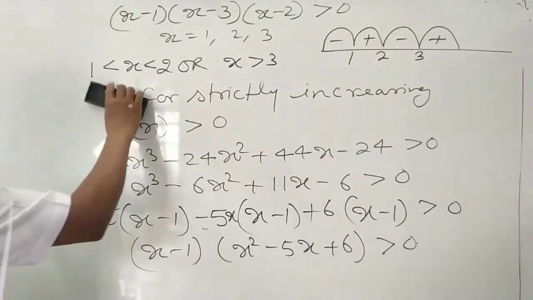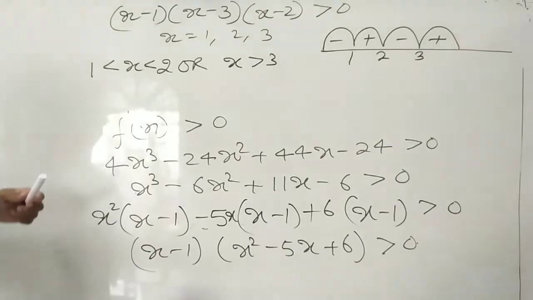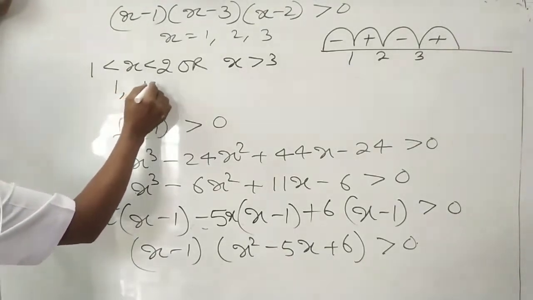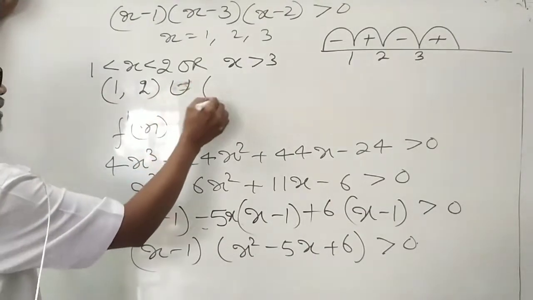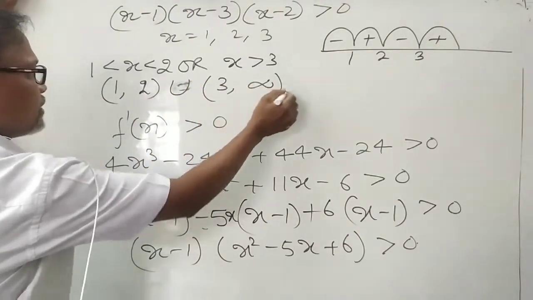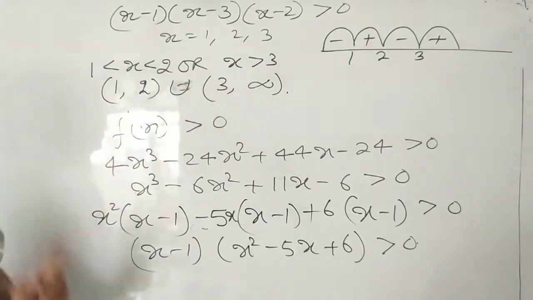And then you will have it in the interval form like this: 1 to 2, union means the symbol, and 3 to infinity. This is the interval for strictly increasing.